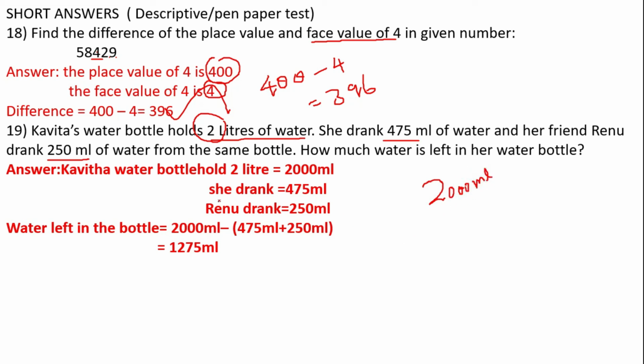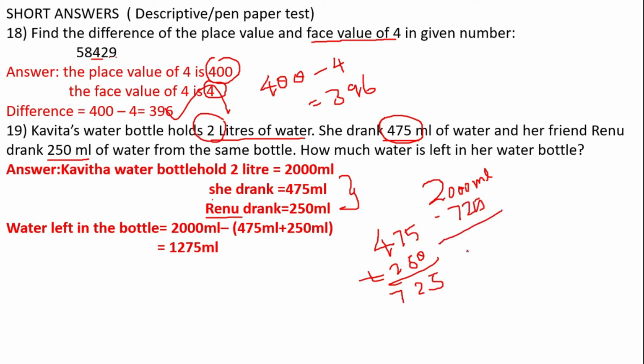Add these two, then you subtract from 2000. So 475 plus 250, if you add, you will be getting 725. 2000 minus 725, you will be getting 1275 milliliter.